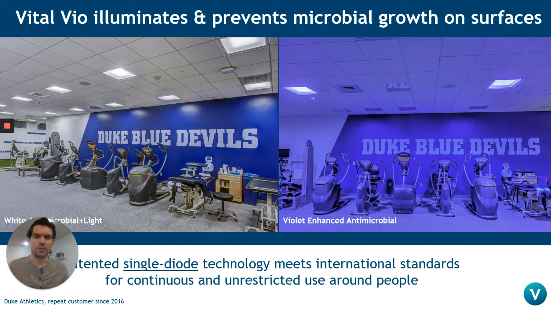The image on the right shows VitalVio's enhanced antimicrobial or violet LED. This is just giving that visual acuity to the occupants that the lights are being left on for additional purposes other than illumination. Both of these LED modes meet international standards for continuous and unrestricted use around humans, so you're fine to be interacting in either scenario.